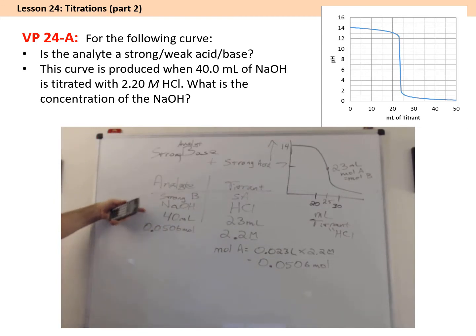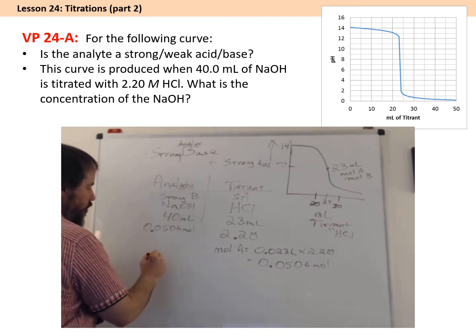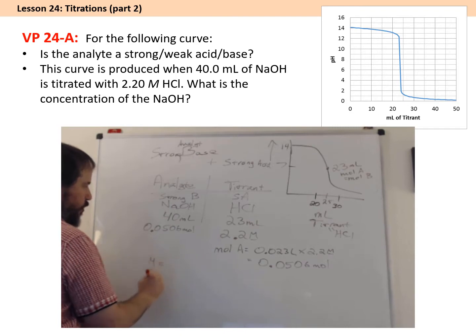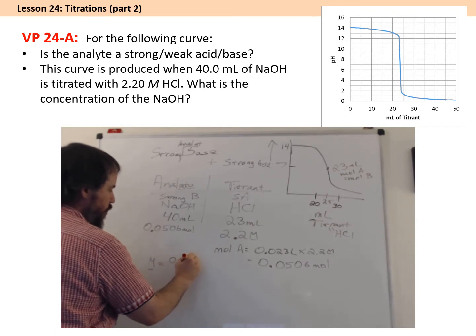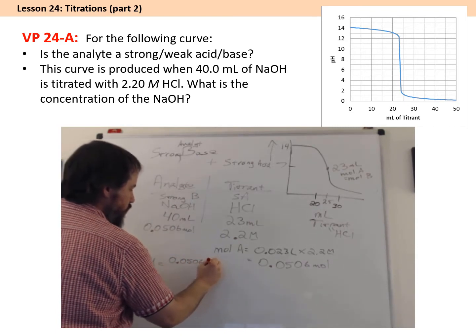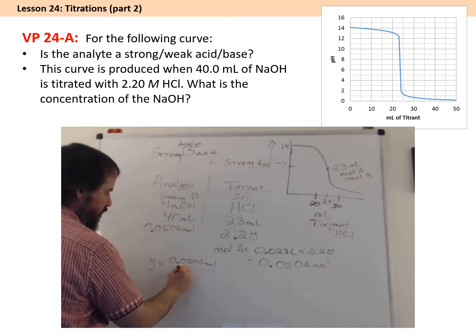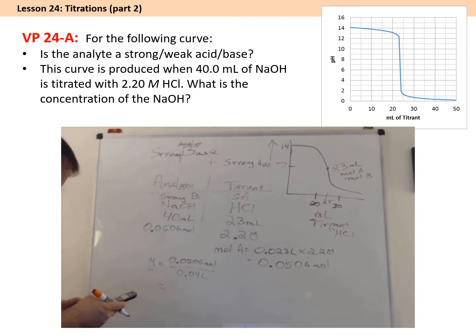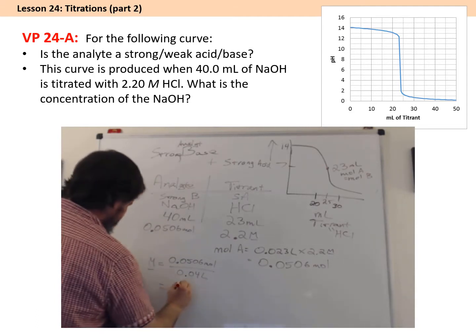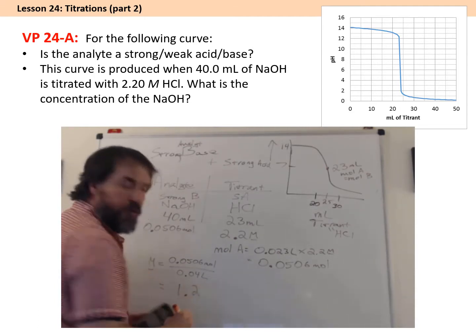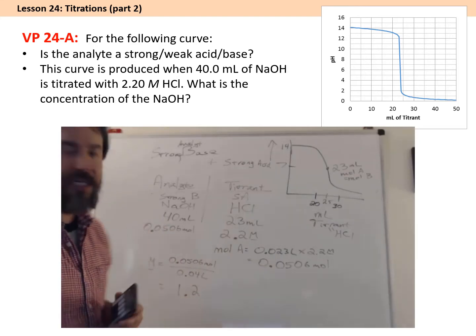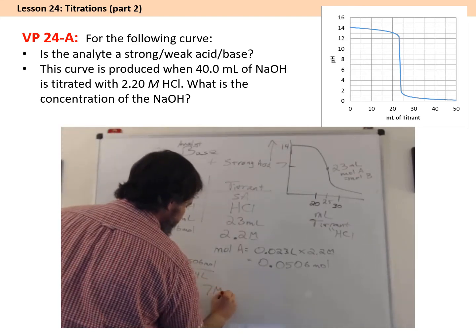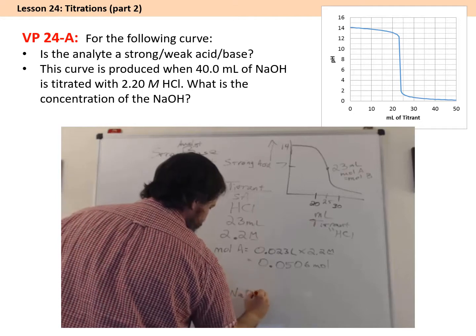So I have moles, and I have a volume, so I can calculate molarity based on 0.0506 moles over 0.04 liters. And that's going to get me 1.2. I started off with 3 sig figs, so I'm going to end with 3 sig figs for my NaOH.